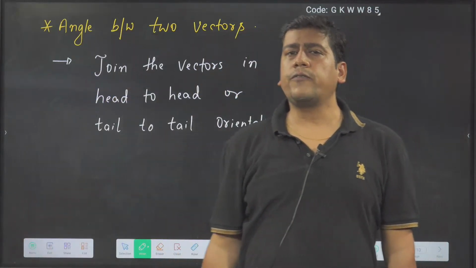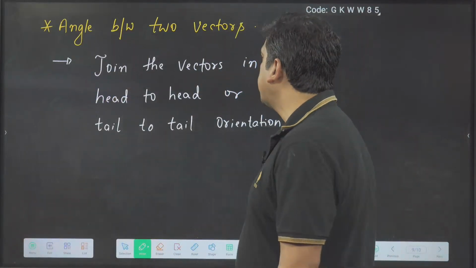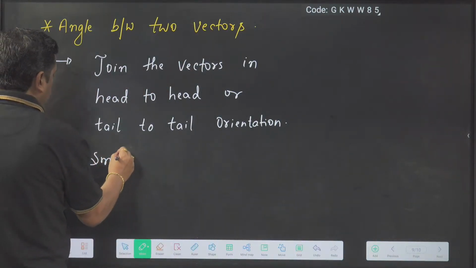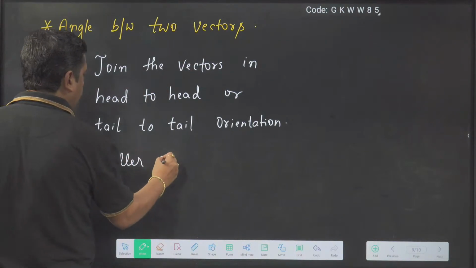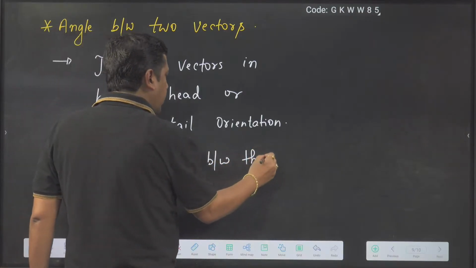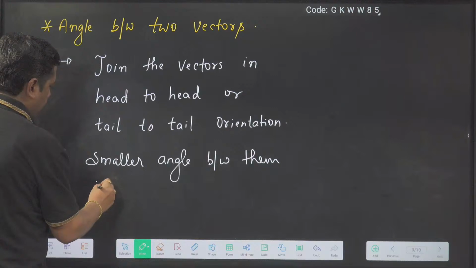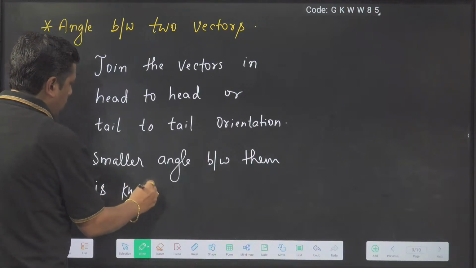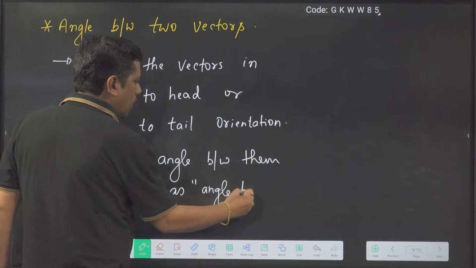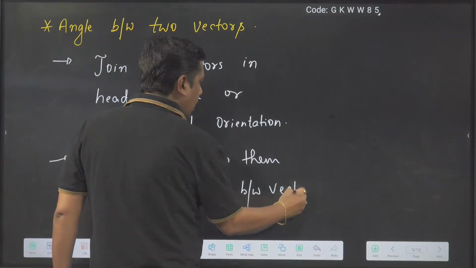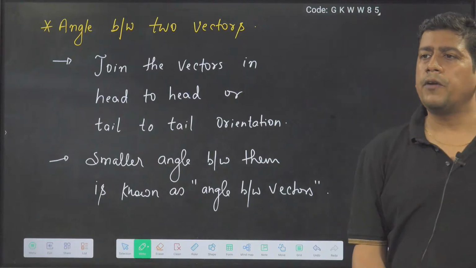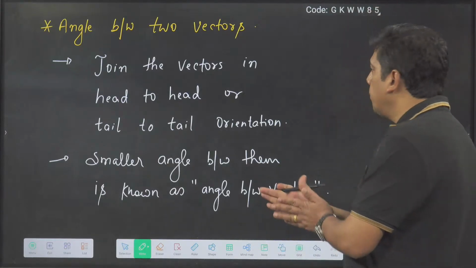First of all, you have to join the vectors in head to head or tail to tail orientation. Then, the smaller angle between them is known as angle between vectors. The smaller angle between them is known as angle between vectors.